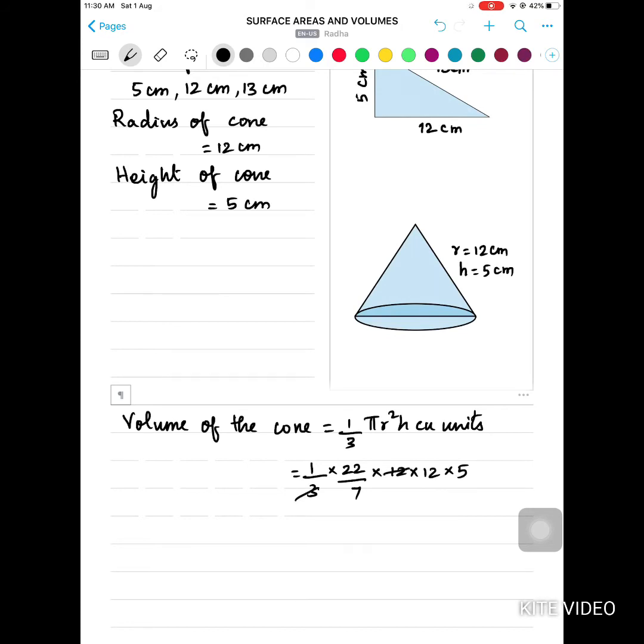So 3 ones are 3, 3 4s are 12. So when you multiply the numerator, 12 5s are 60, 60 into 4 is 240. So 240 into 22 is 5280 by 7.